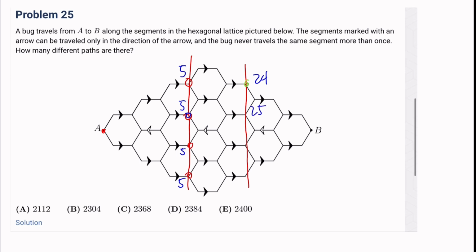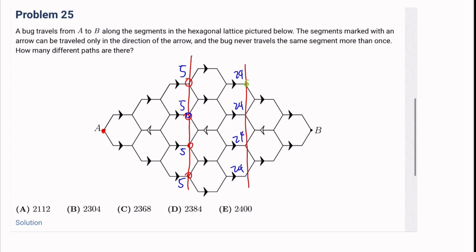So it's 24, and by the same reasoning from here to here, it's a mirror image, so it's 24 and 24. Lastly, let's write these 24s on the left side. 24, 24, 24, and 24, and 24.